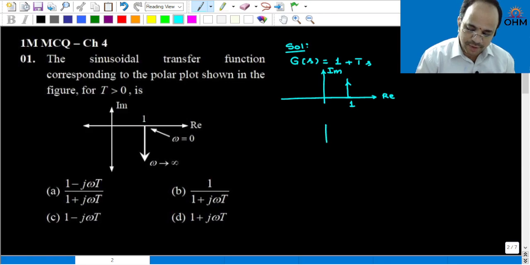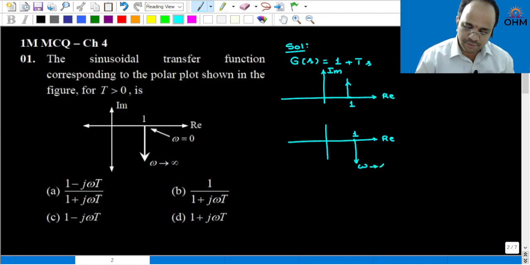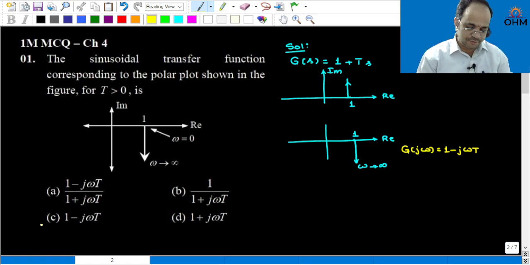In a similar way, the real part is the same 1, and when the frequency is increasing towards infinity, the plot will come down to the bottom. This could be the transfer function for 1 minus j omega t. Therefore, option C will be the correct answer for the question.